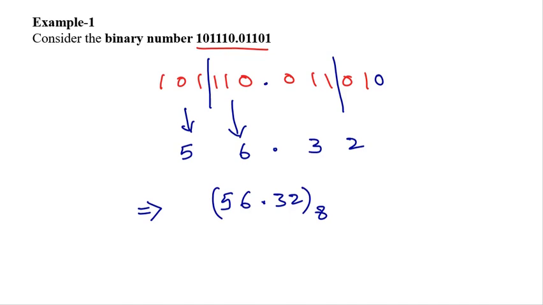This is how we convert a binary number into its octal equivalent. Simply partition the binary number from the decimal point towards the right side and left side into 3 bits each. After partitioning, write down the octal equivalent of each 3-bit group. That gives you the octal equivalent of the given binary number.